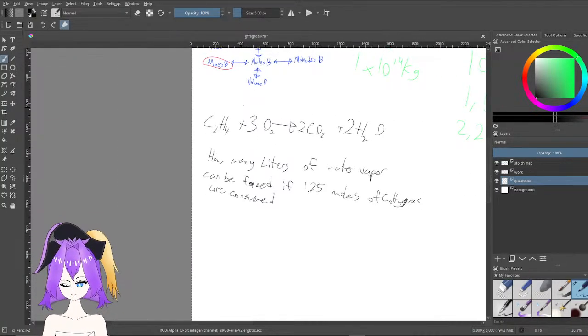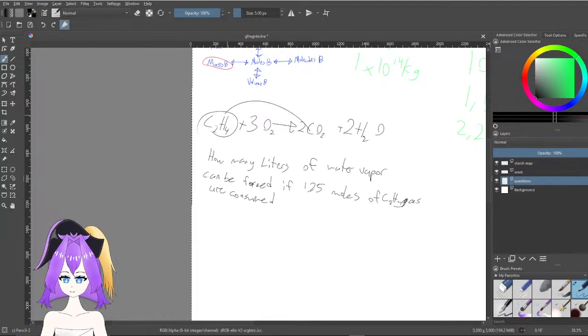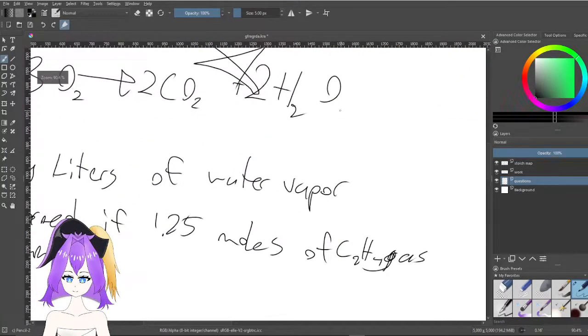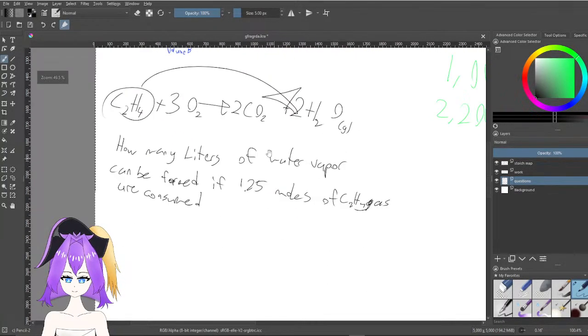Okay, so thank God we're starting with the reactants and going into the products. It's gonna be a water vapor because it's combustion, so gas.